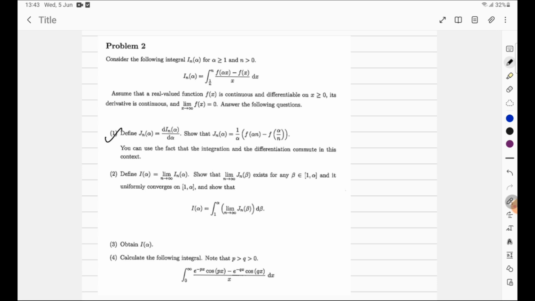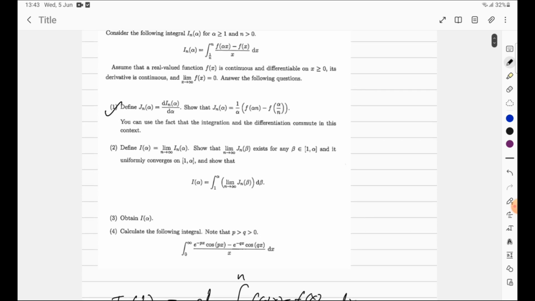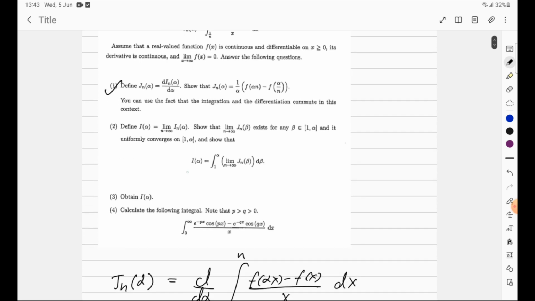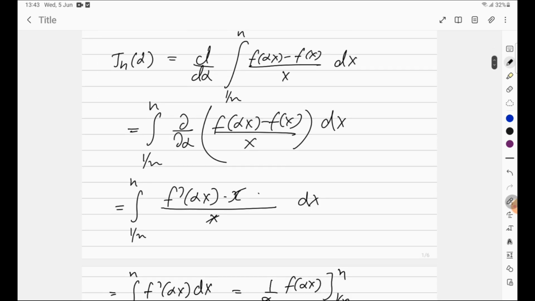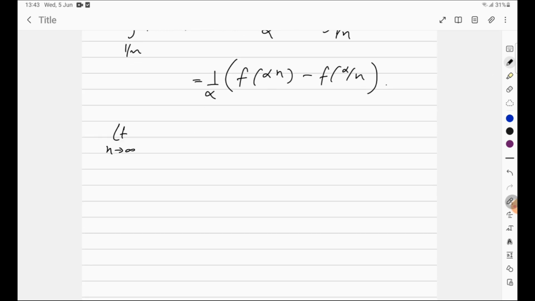Now in the second part, they're saying define I(alpha) as the limit as n approaches infinity of I_n(alpha), and show that the limit as n approaches infinity of J_n(beta) exists and converges, and I have to show that I(alpha) and this integral are the same. I'll start with J_n(beta) first. The limit as n approaches infinity of J_n(beta) is equal to 1 over beta times the limit of f(beta n) minus f(beta over n).